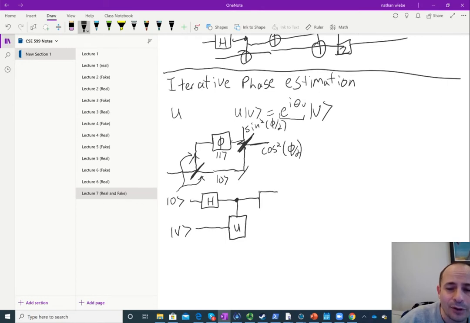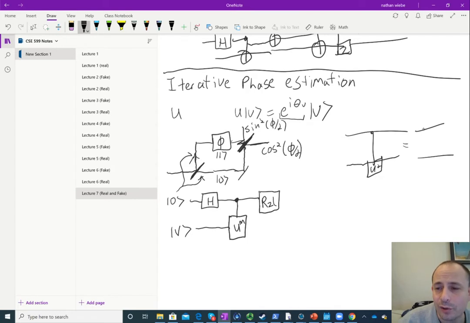Then I'm going to throw in this. Now, this part is technically not necessary for the protocol, but it's really useful for some algorithms involving it. Oh, and I should mention, we're going to apply this m times. So not just the ordinary unitary, we'll do it m times. And we can always do that because if we want to look at simply controlled U squared, that's just equal to two controlled U's right after each other.